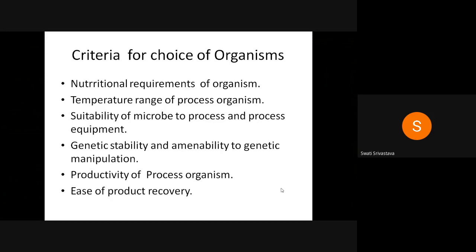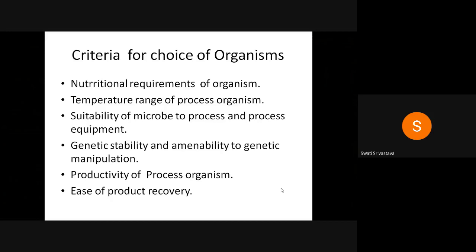That means the microbe will be killed at that particular step, and the process will be halted. So, whether the microbe is producing an alcoholic concentration or an acidic environment, or whatever kind of environment it produces as a result of the production process, the microbe should survive that environment. So, it should be suitable for the process.